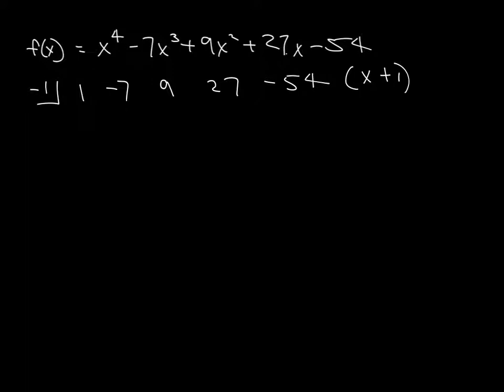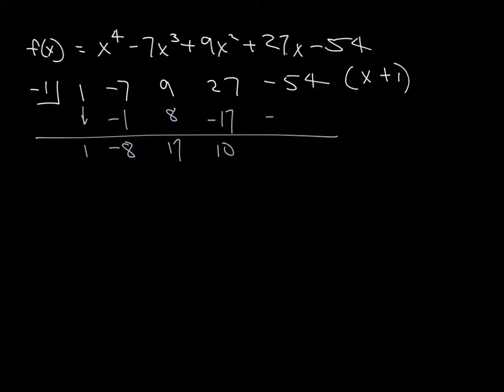Again, we take this number and their signs, draw a line, and bring this 1 down, and we get negative 1, negative 8, 8, 17, negative 17, 10, negative 10, and we get negative 64. So negative 1 is not one of our factors. This does not work.